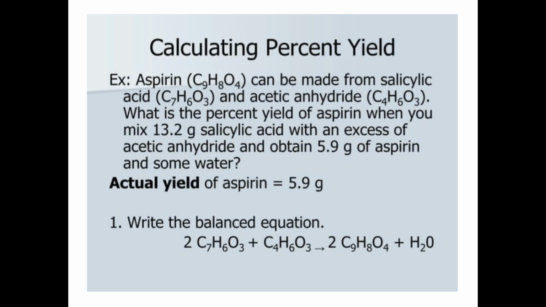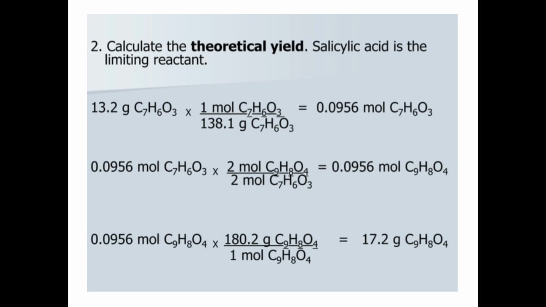So let's look at the balanced equation. This is the balanced equation for the reaction. So we want to calculate the theoretical yield of aspirin. Our limiting reactant is salicylic acid. It is the one that is used up.